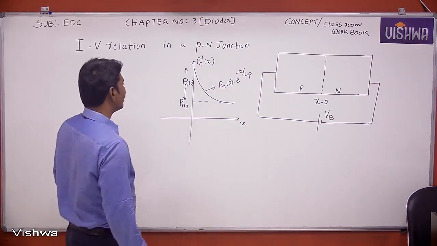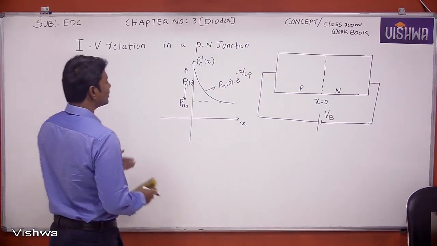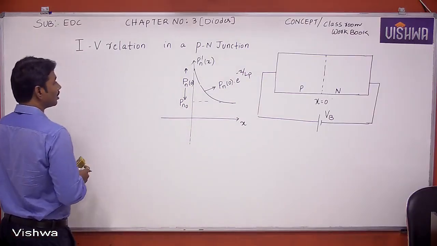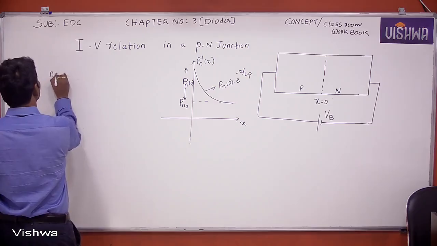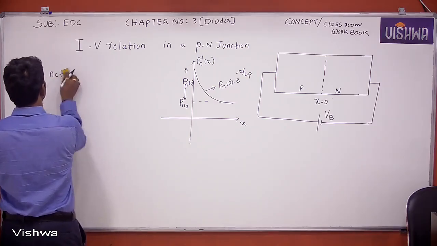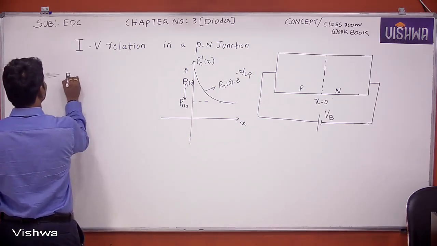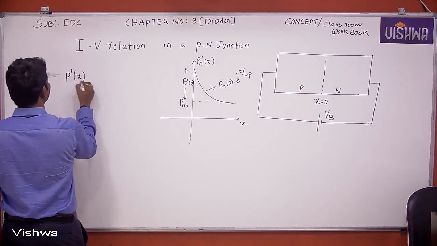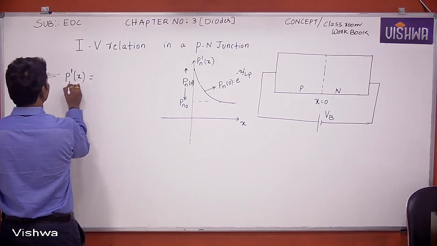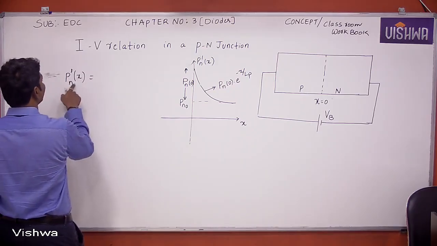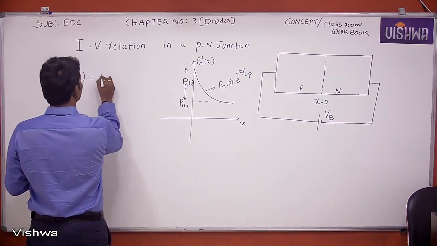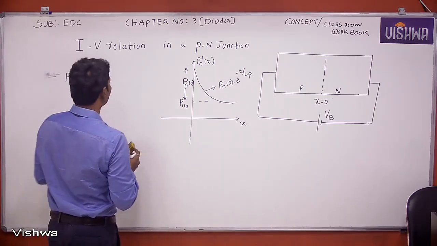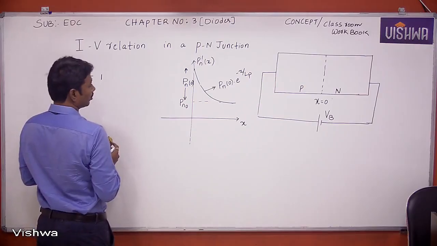Next, what is the net hole concentration? It is represented as P dash of x. We can consider Pn dash of x is equal to the sum of thermally generated hole concentration plus injected hole concentration.